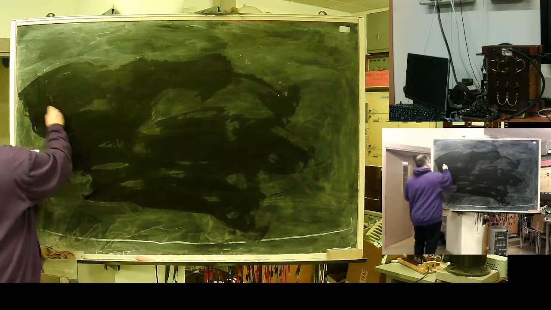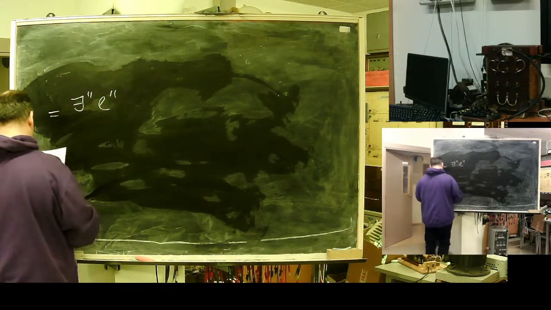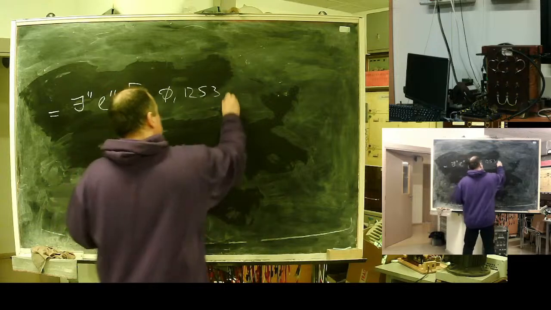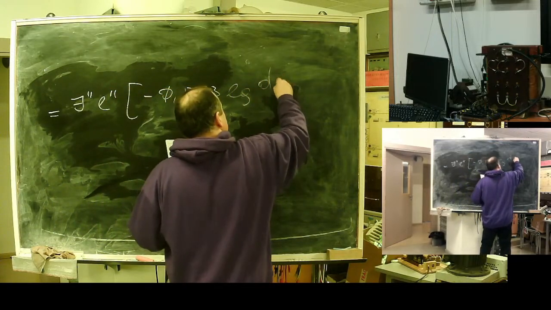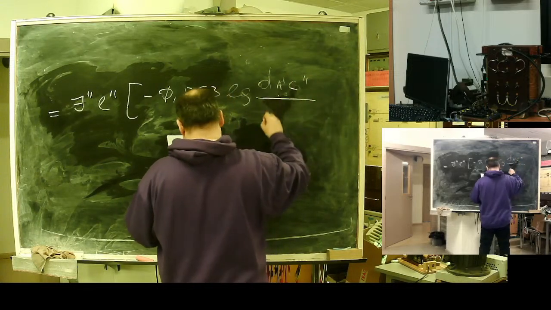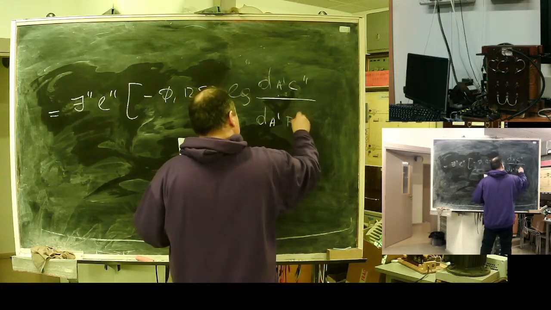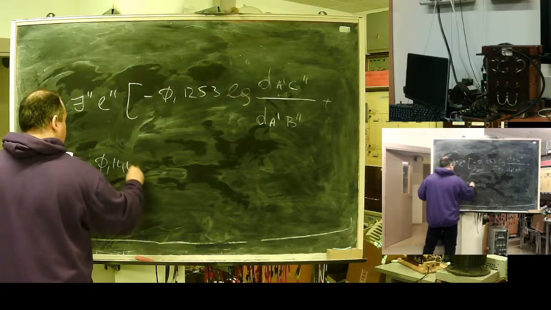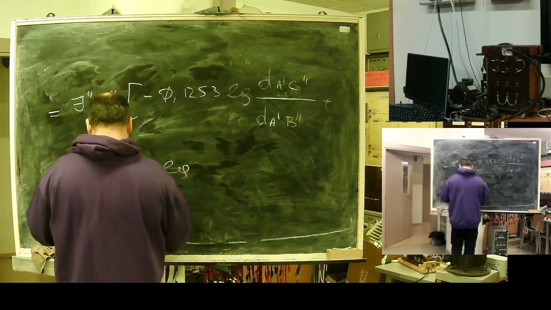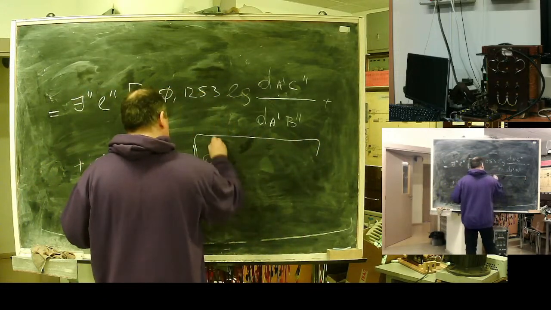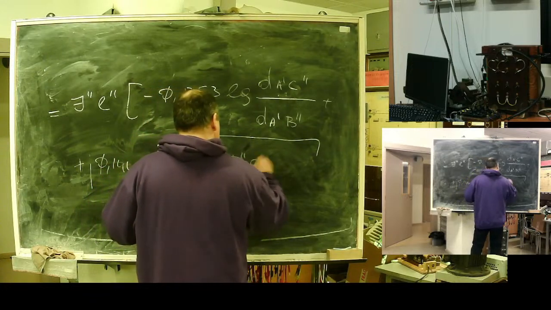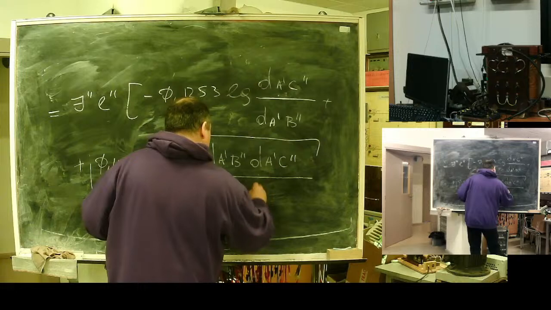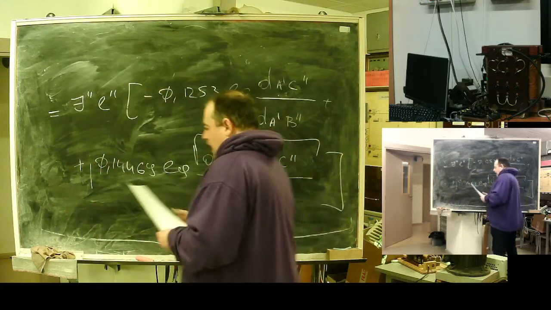So it will be, for A2 here, minus 0.1253 logarithm of distance A1 C2 divided by distance A1 B2, plus 0.14469 logarithm of the square root of A1 B2 and A1 C2 divided by distance A1 A2. I hope it's correct.